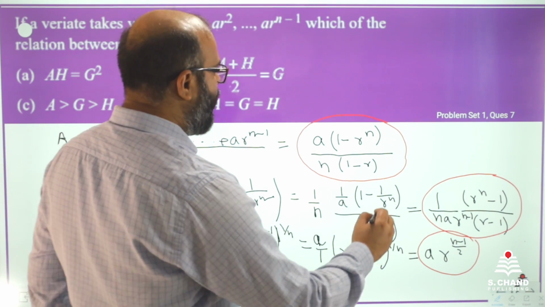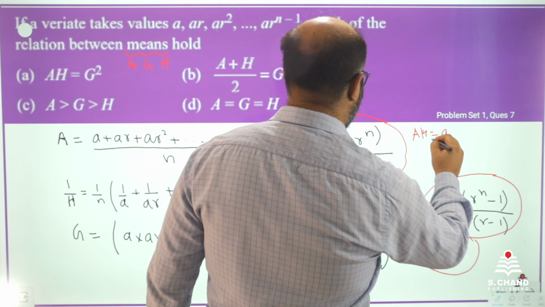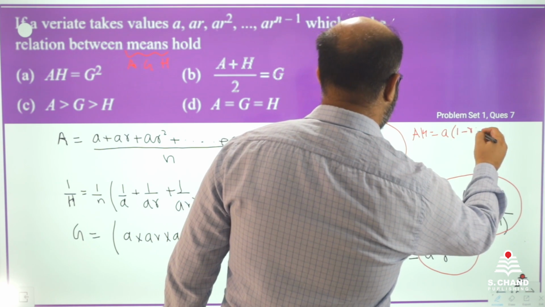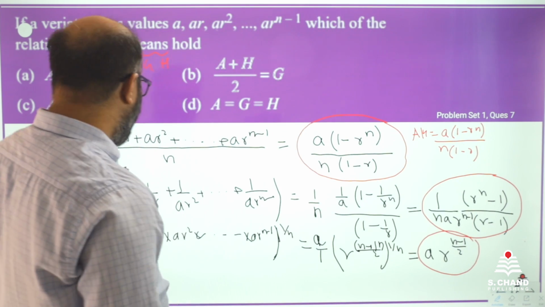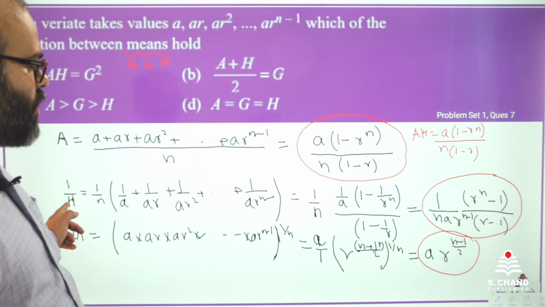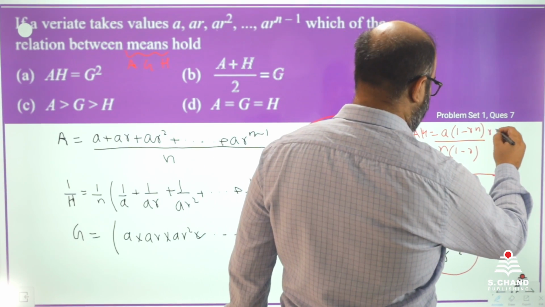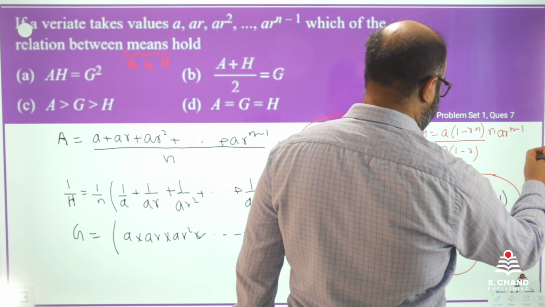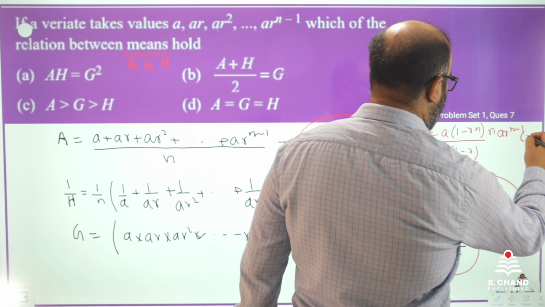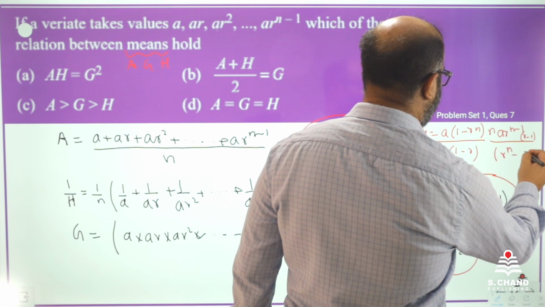So A into H will be A into 1 minus R to the power N by N into 1 minus R. This is actually 1 by H, so the reciprocal of this you will take. So this is N into A into R to the power N minus 1 into R minus 1 by R to the power N minus 1.